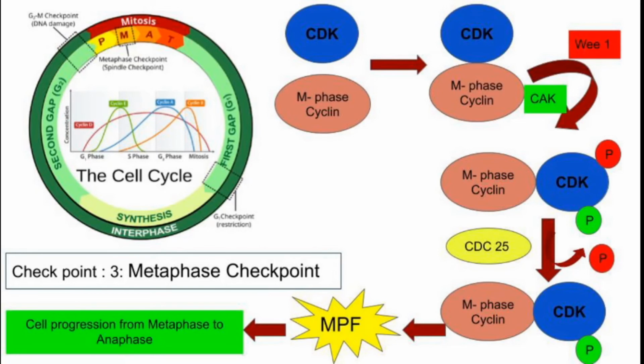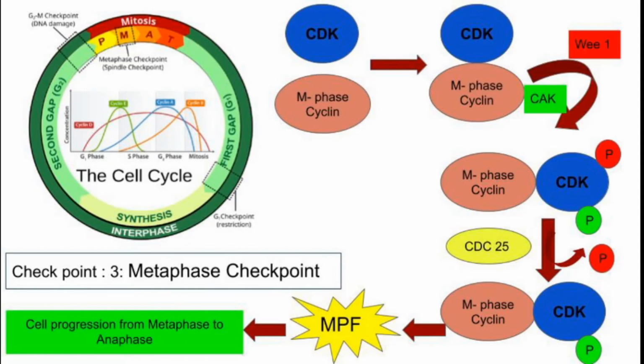One is WEE1, another is CAK. So these two proteins cause the phosphorylation of the cyclin-dependent kinase unit. After phosphorylation, this complex is in an inactive state.